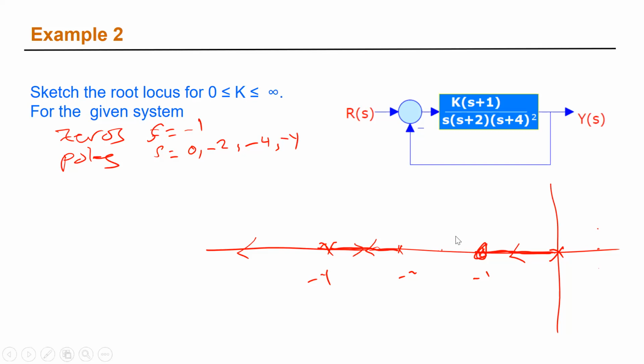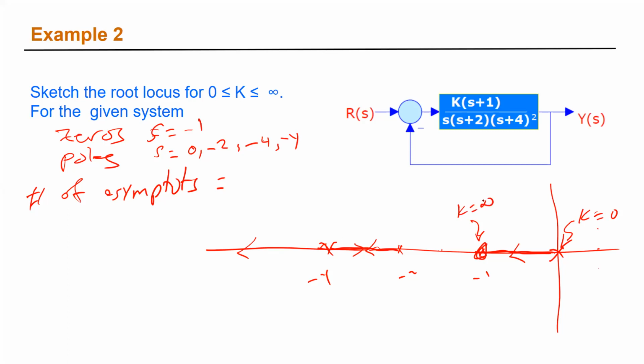Okay. Now, how many parts of the locus will go to infinity, or how many asymptotes will I have in here? We know that the locus will start at a pole and terminate at a zero.